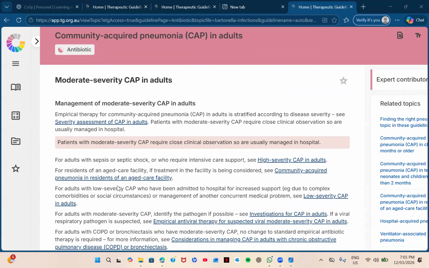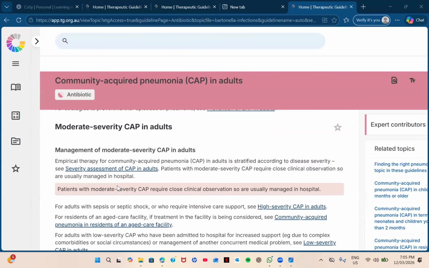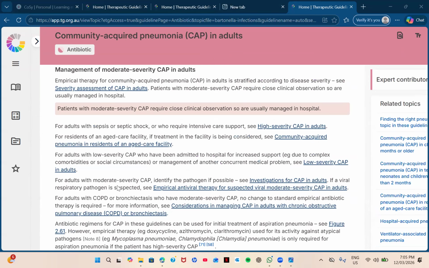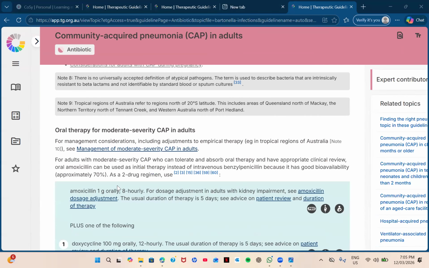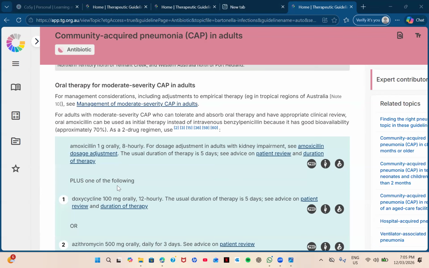Then we have moderate severity community acquired pneumonia. How should you treat moderate severity, doctors? We have oral therapy for moderate severity community acquired pneumonia.